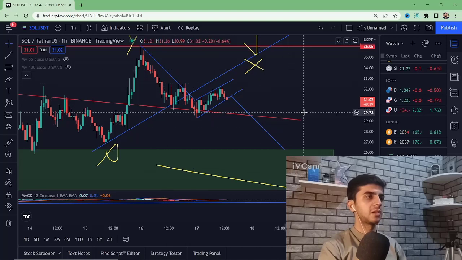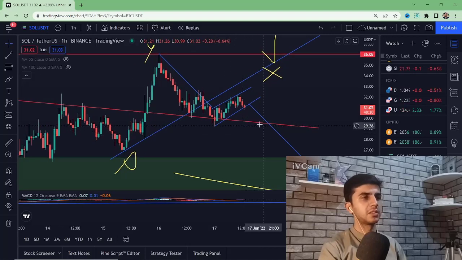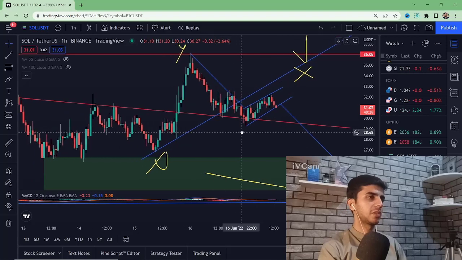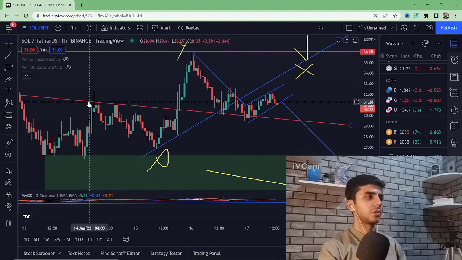So I think that this might fail as a support level, and you can see the break of structure as well on Solana. So if we go there, that was a retest and it went back up.